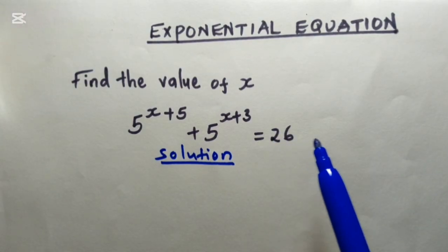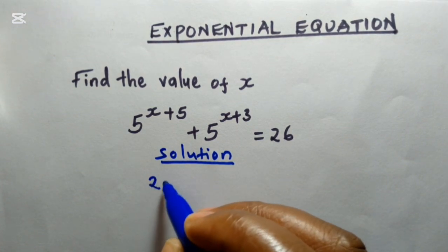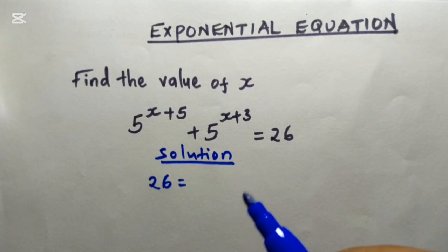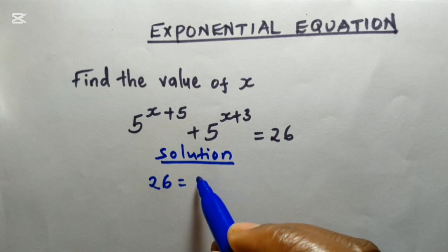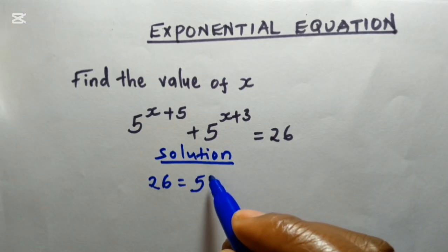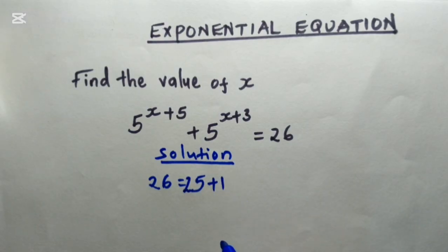But in this case, we are not going to do that, because as you can see on this side, we have 26. So step number 1 for this question: let us write 26 to have base 5, so that we can have the same bases. 26 can be written as 25 plus 1.